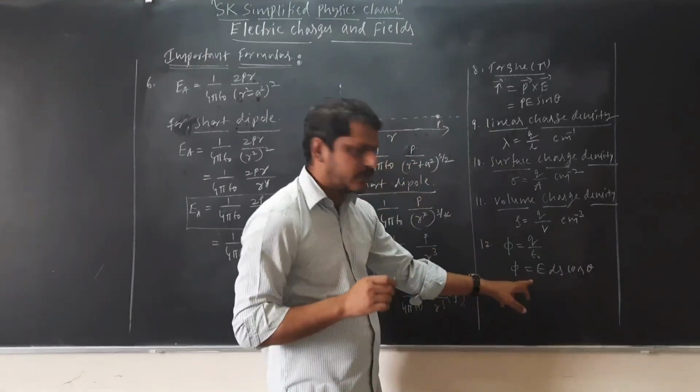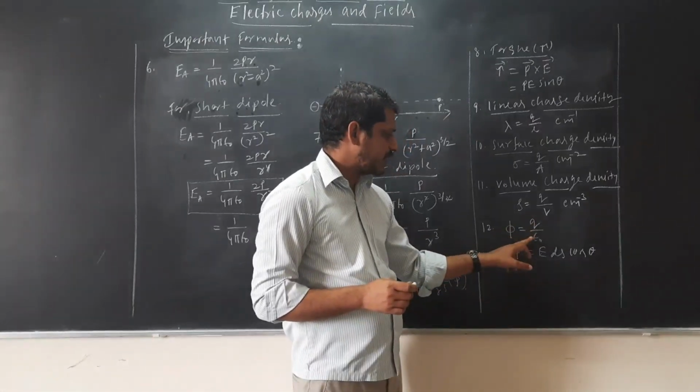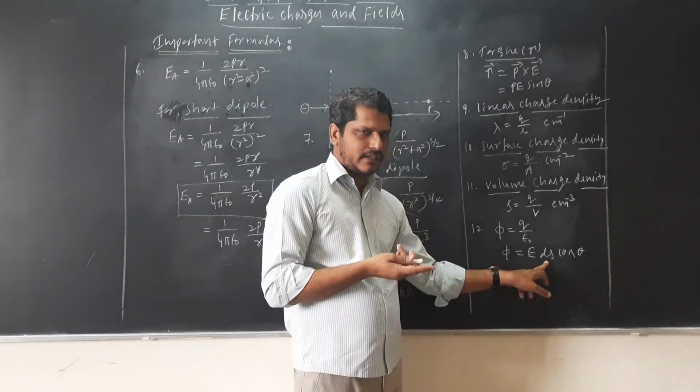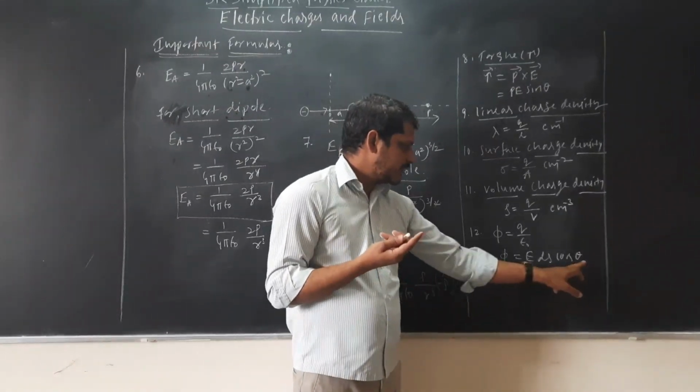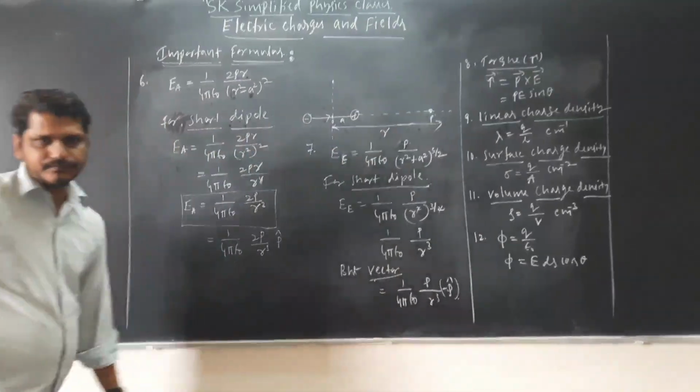So this is according to definition, and this is according to Gauss law: Q by epsilon naught equals E ds cos theta, where ds is the area vector, E is the electric field, and theta is the angle between E and ds.